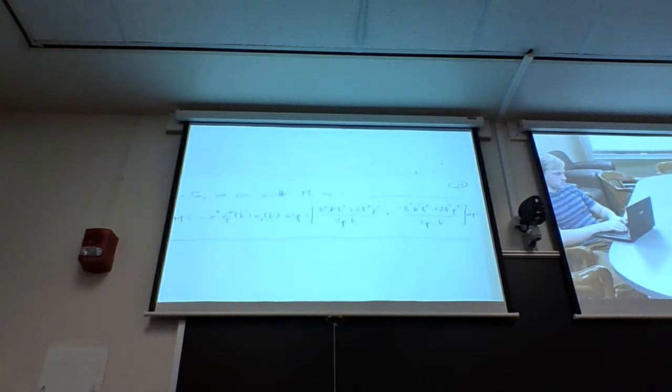Do we quantize these epsilons? Well, remember where they came from. They came from when we quantized the photon field. We needed something that carried the Lorentz index. They're already quantized?